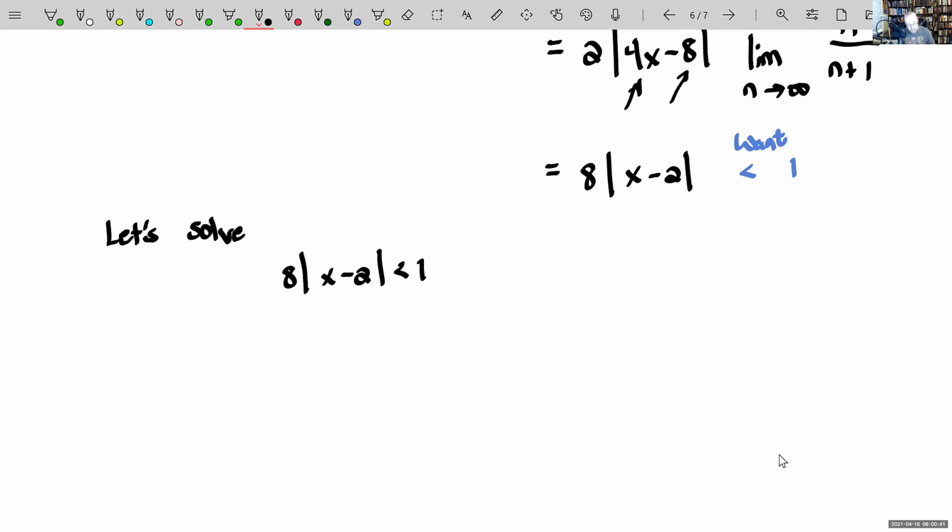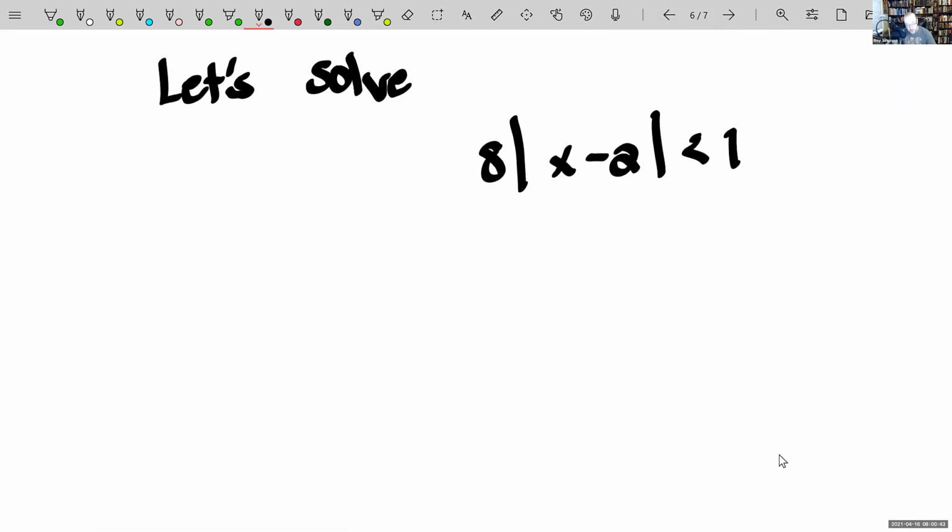But I do want to give you the key to the kingdom here so that you know how to easily state the radius of convergence.